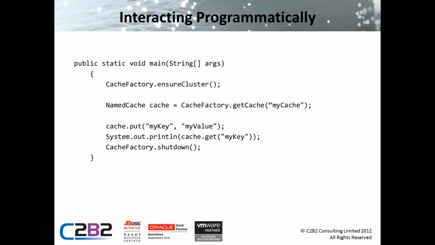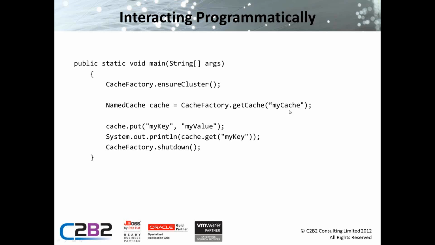So when you do CacheFactory.getCache("mycache"), that's going to incur a little bit of performance overhead because it doesn't initialize until you actually want the data. So doing ensureCluster to start with forces it to initialize, so you do get a performance gain there.